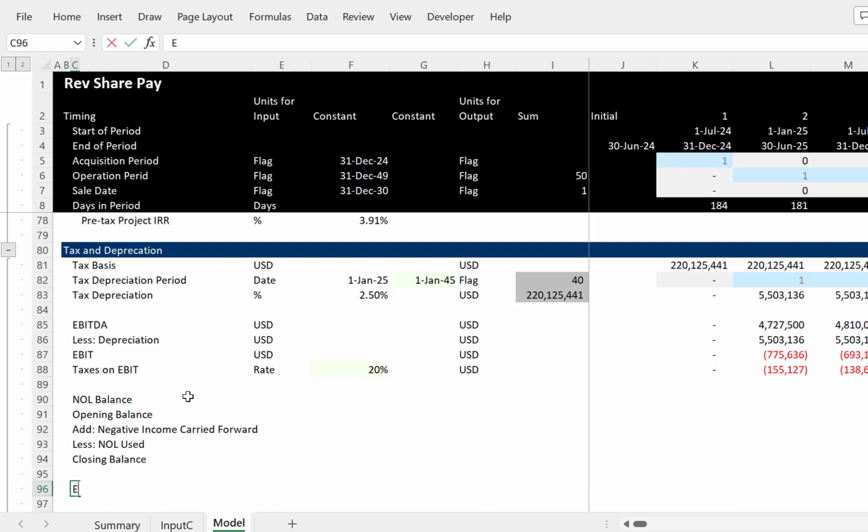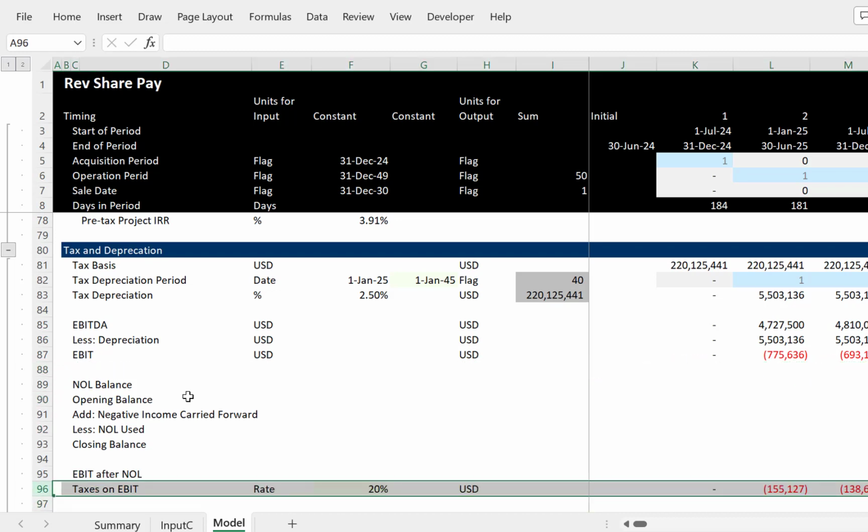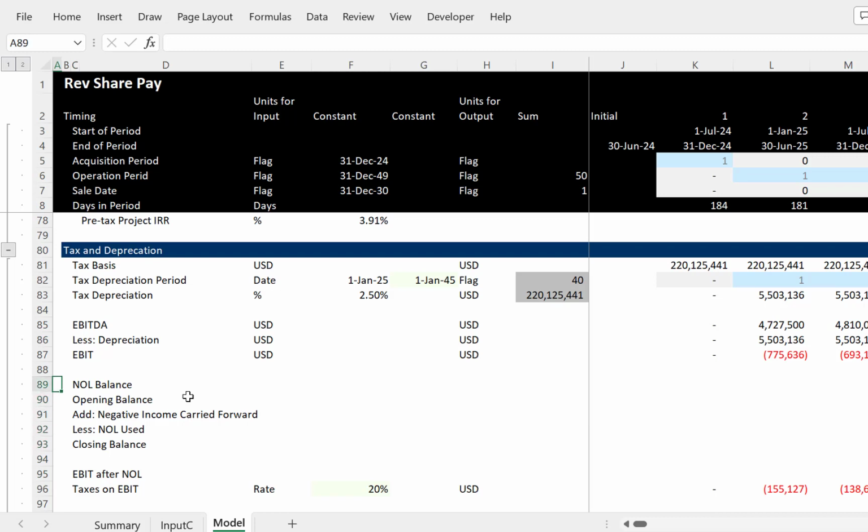And then we get EBT after EBIT after NOL. Okay, and then the taxes on the NOL are just down here, and it's so easy to do this. It's just the opening balance equals the prior closing balance, and this is just the maximum of the minus of this, or 0.